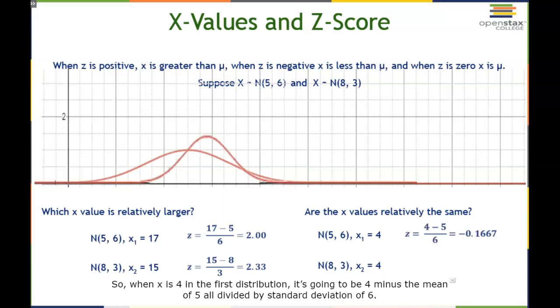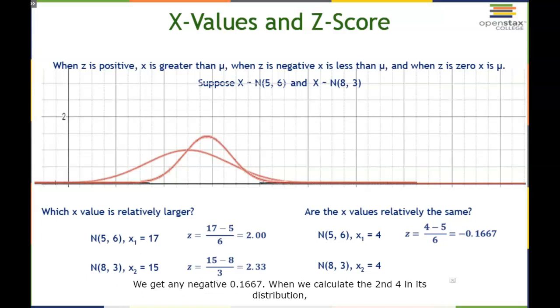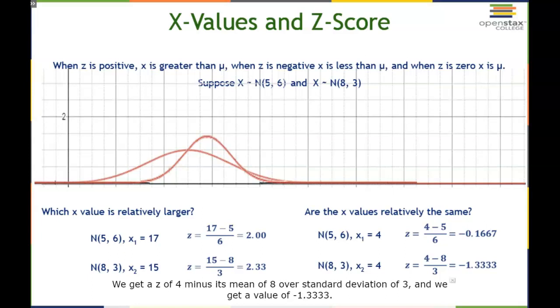So when x is 4 in the first distribution, it's going to be 4 minus the mean of 5, all divided by its standard deviation of 6. We get a negative 0.1667. When we calculate the second 4, in its distribution, we get a z of 4 minus its mean of 8 all over its standard deviation of 3, and we get a value of negative 1.3333.